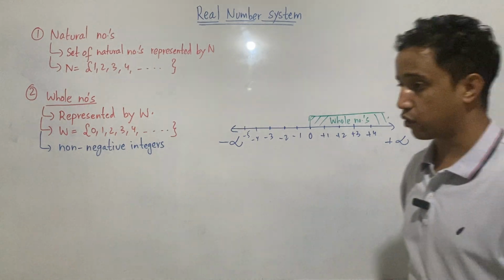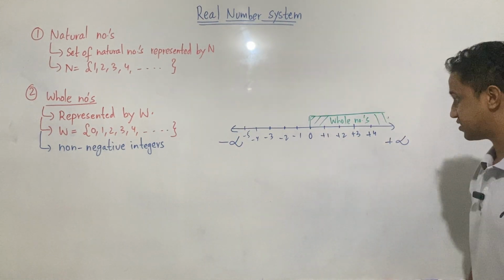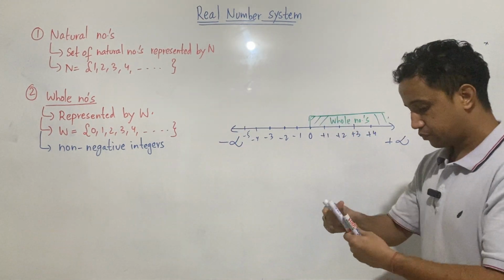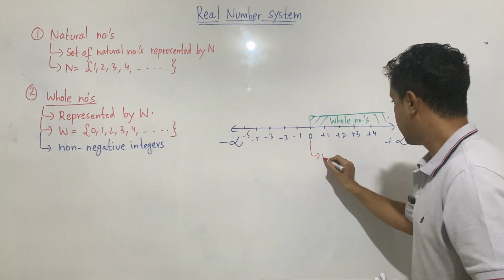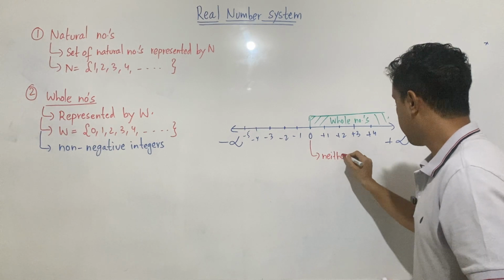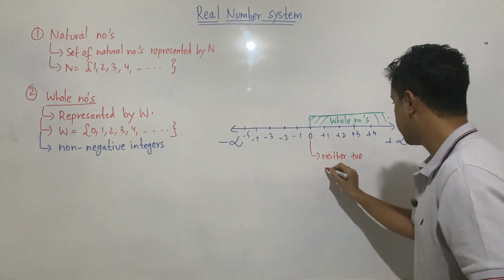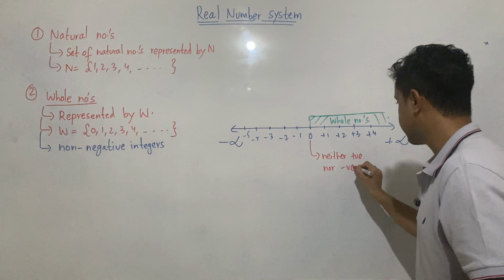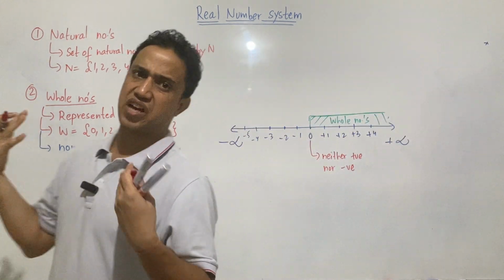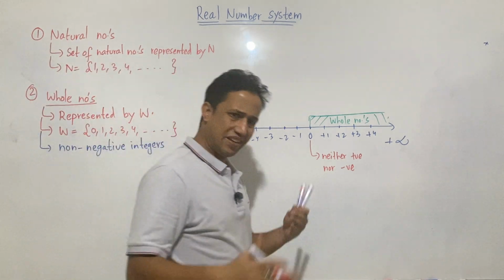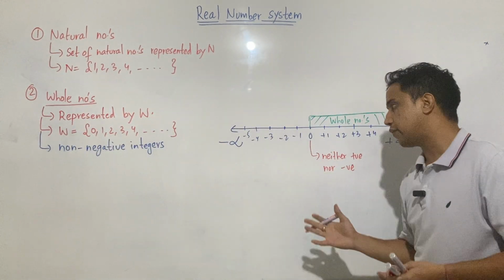Why? The reason behind it is that this number 0 is neither positive nor negative. 0 is just a number. It is neither positive nor negative.